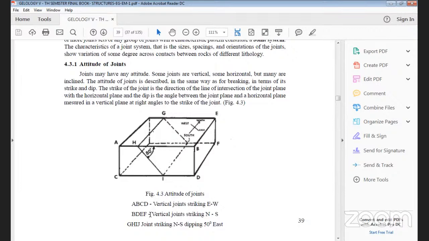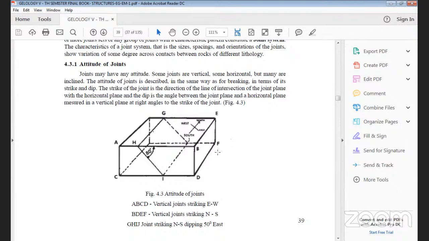A and B, and E and F, are trending east and west. C and D are also east and west. B, D, and E are vertical joints with a north and south direction.